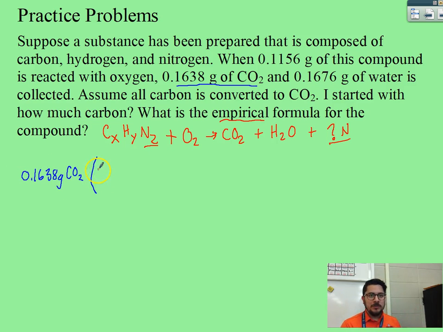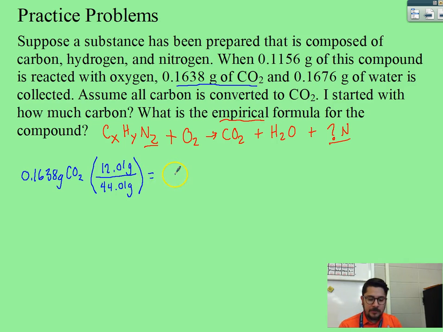For example, I have 1 carbon in here, and so that's going to be 12.01 grams of carbon, divided by the whole, which is the percent composition. The whole of CO2, if I add it all up, will give me 44.01 grams. And so here is my percent composition: part, this is just the carbon, divided by the whole.